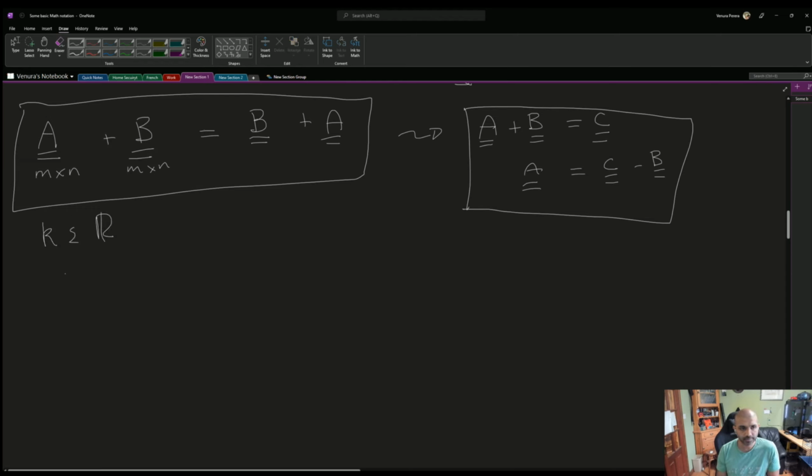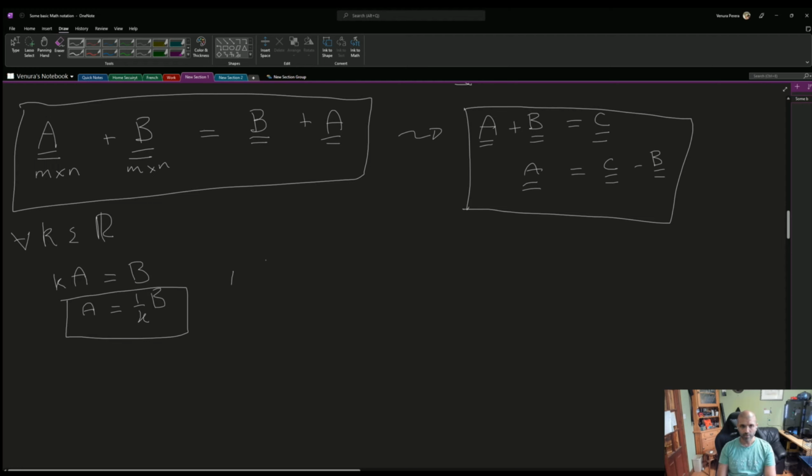Now for all scalar k in the real number space, if we have k times a is equal to b, then if we want to solve for a, we can just divide b by k. So here's another quite important little rule to remember.